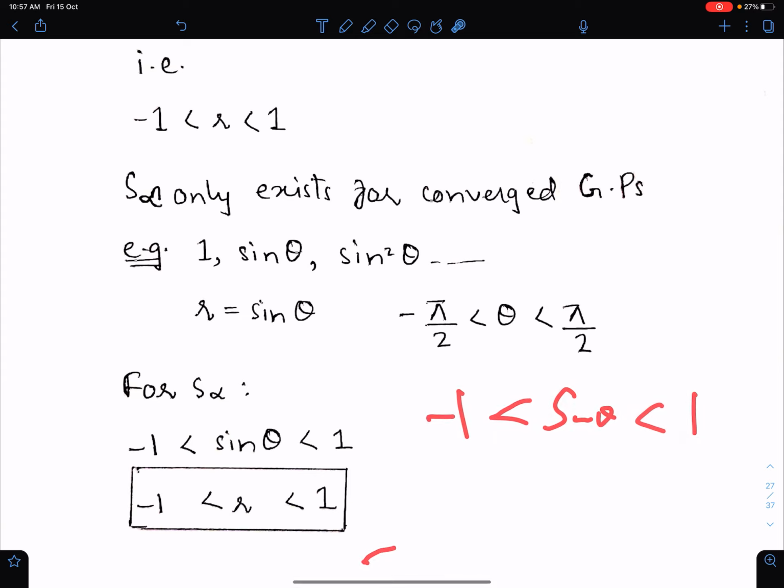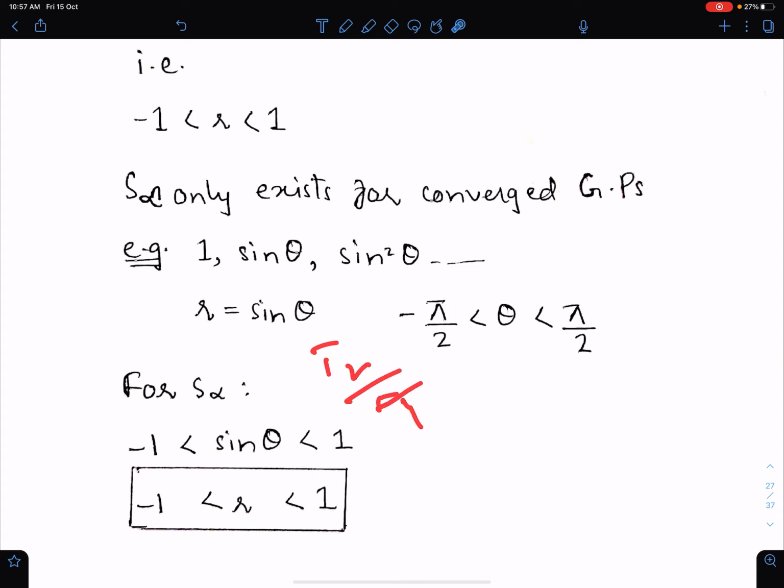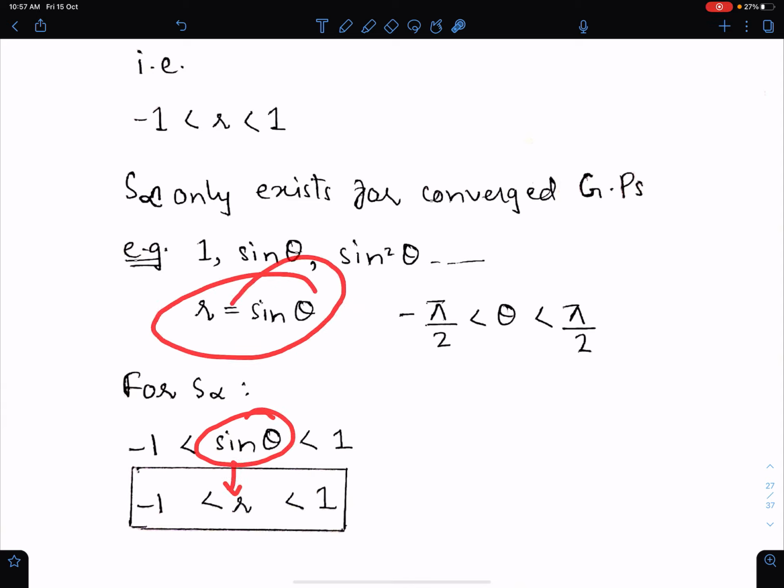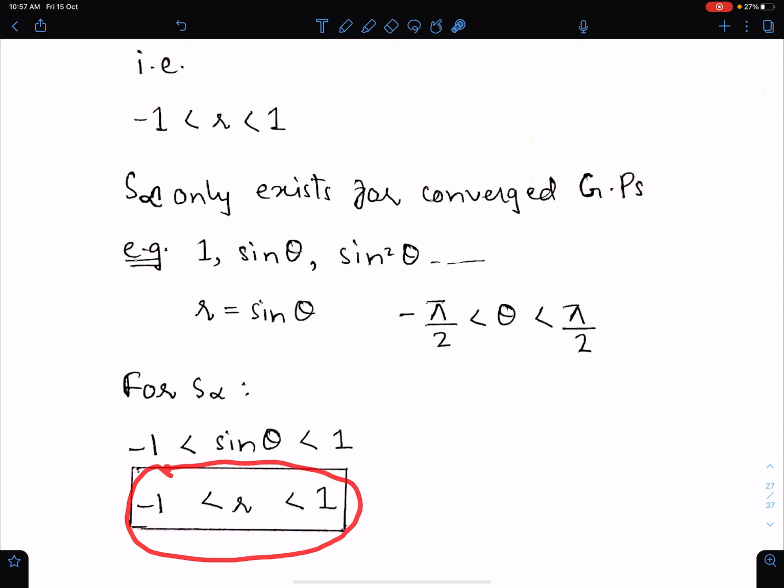And R is sine theta, because T2 upon T1 is sine theta. So you can replace this by R. Since R is in this range, therefore the sum to infinity will exist.